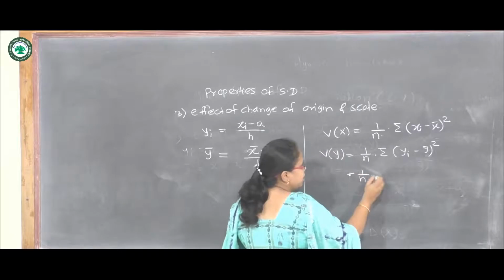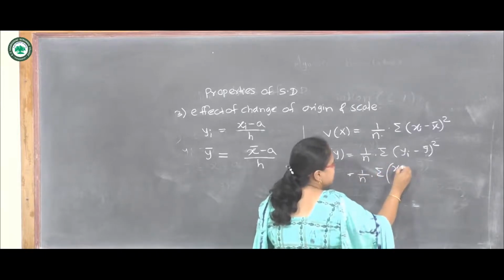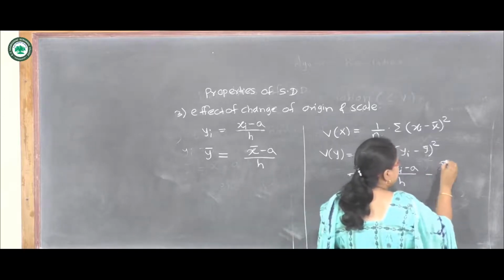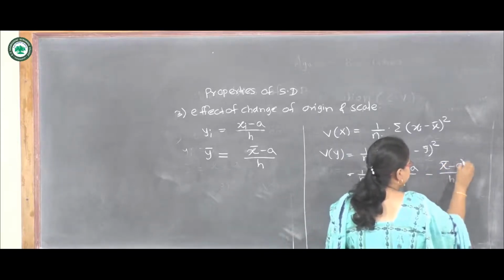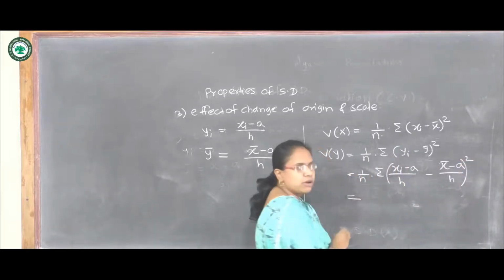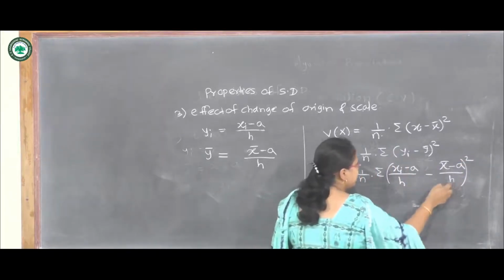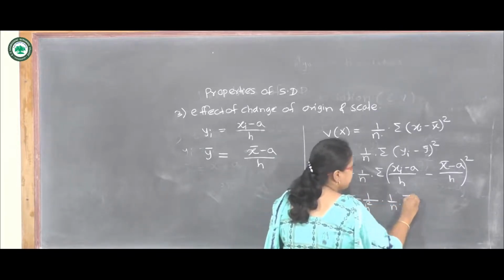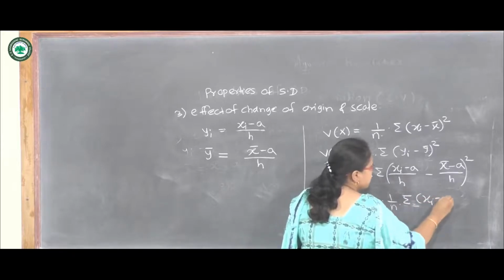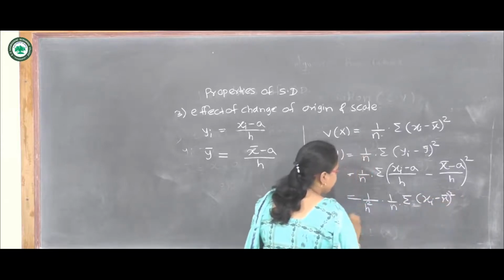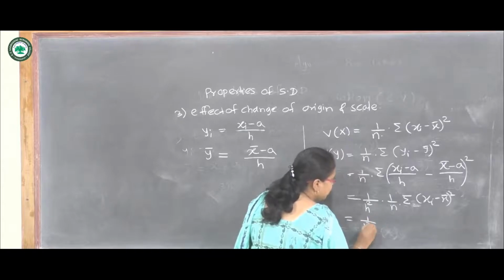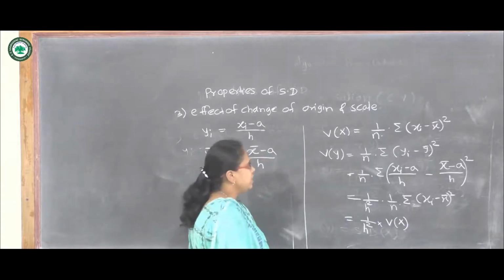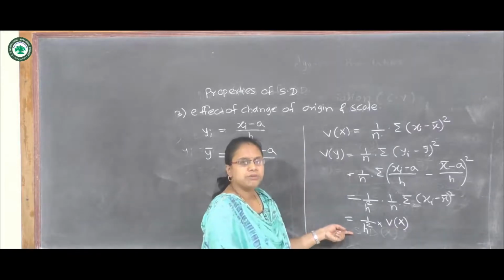So 1 upon n into summation of (xi minus a) upon h minus (x bar minus a) upon h, whole square. By solving this, we will get 1 upon h square into 1 upon n summation of (xi minus x bar) whole square. So here we can see that it is 1 upon h square into variance of x. So variance is affected by change of scale only.